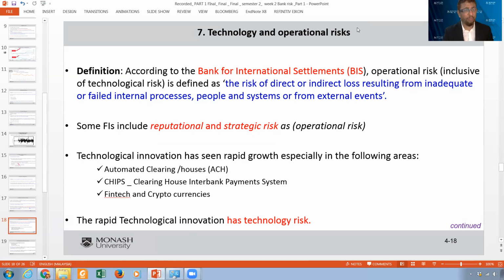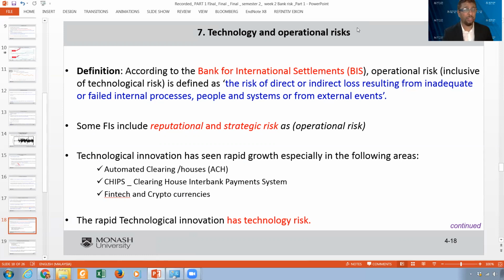Sometimes you can invest huge amounts of capital in the following systems, but those systems become obsolete very fast, or you invest in the wrong technology, and this is where the losses come.